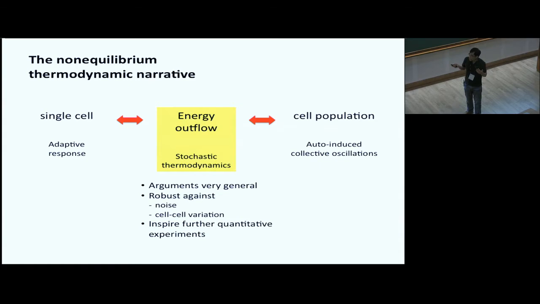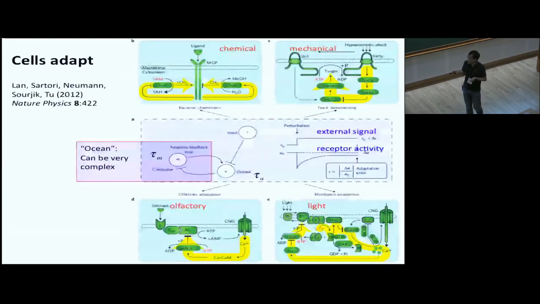And hopefully you will agree with me that the arguments we have constructed are very general. They are robust against the noise that affects the behavior of individual cells, and can also take care of the cell-to-cell variations and could inspire further quantitative experiments.